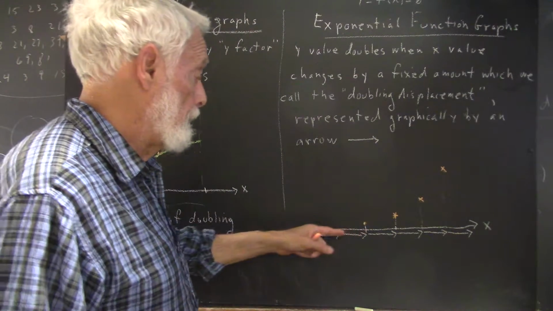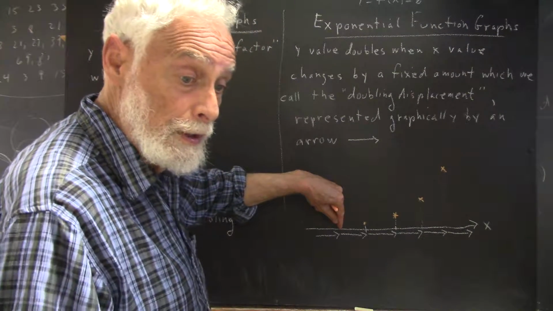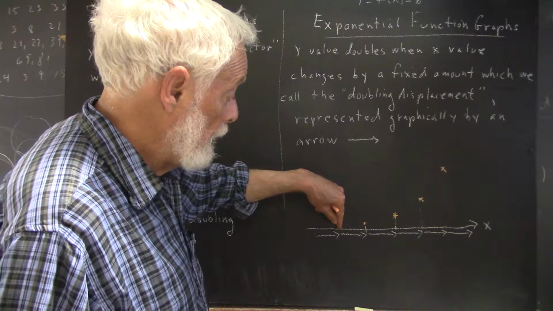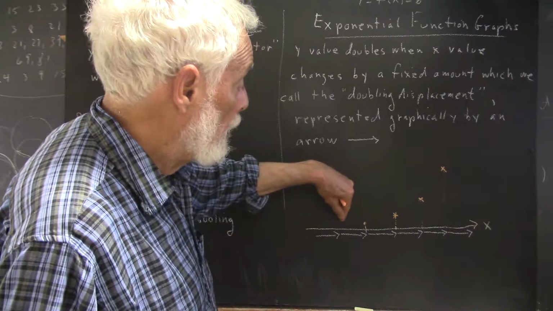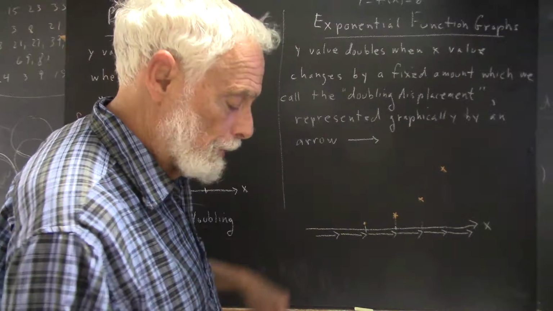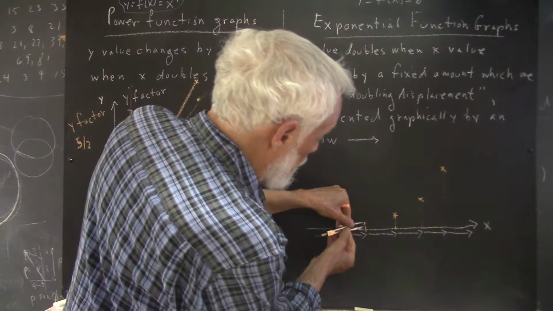Now, what happens if I want to set a point here or here? How am I going to get this point? From here to here, the y value has to double, which means that the y value from here to here is going to have to be cut in half.